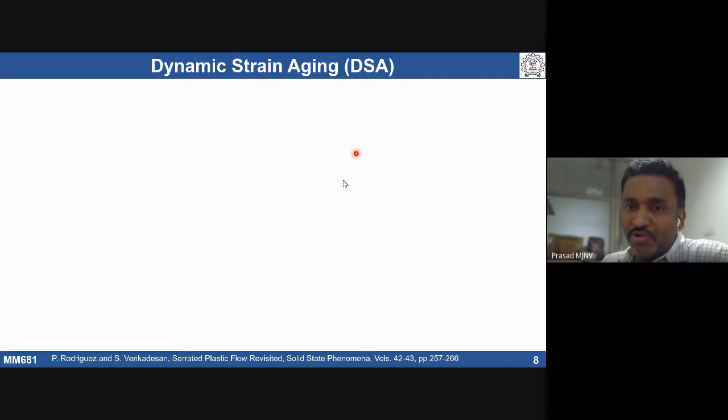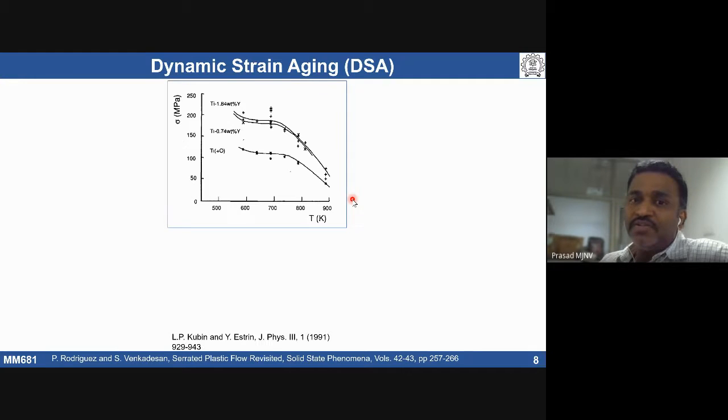Here I'm talking about two different materials. For example, titanium with some amount of oxygen atoms or yttrium. What people observed when you deform this material as a function of temperature is this.